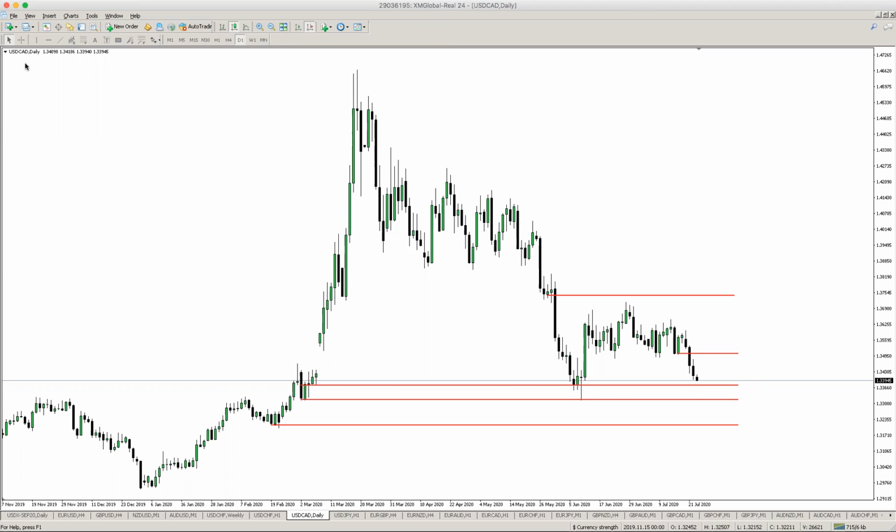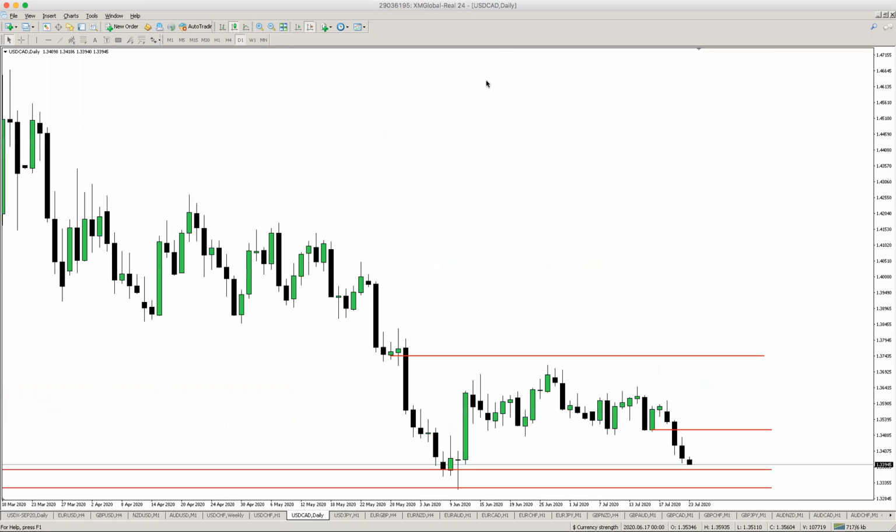Right, so I'm looking at the USDCAD here, and as we see, price is showing some willingness to want to go down. There are a few things that I would like us to take note of. Number one is this rejection block.